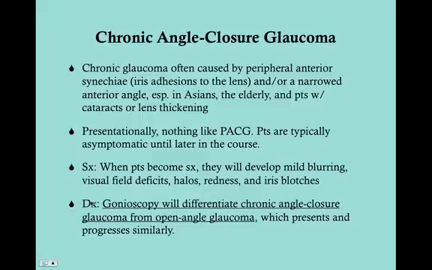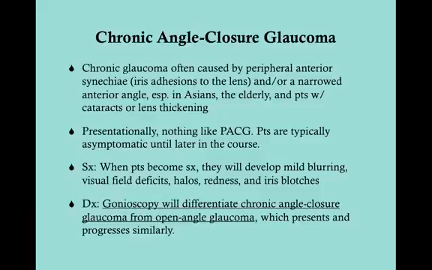For diagnosis, gonioscopy is going to be what helps you differentiate chronic angle closure glaucoma from open angle glaucoma. When we look at open angle glaucoma, you'll see why gonioscopy is so important. The ophthalmologist will do the entire diagnostic battery, where you're looking at the visual fields, doing slit lamp, gonioscopy, tonometry, and pachymetry.